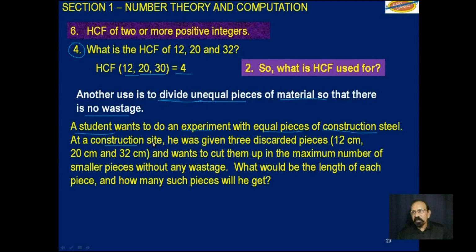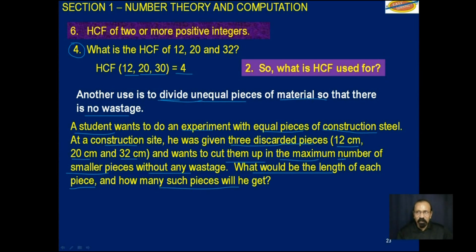At a construction site, he was given 3 discarded pieces. They do normally throw away some end pieces of steel. And the 3 pieces he got were 12 centimeters, 20 centimeters, and 32 centimeters. And he wants to cut them up into the maximum number of smaller pieces without any wastage. So the question is, what will be the length of each piece and how many such pieces will he get?